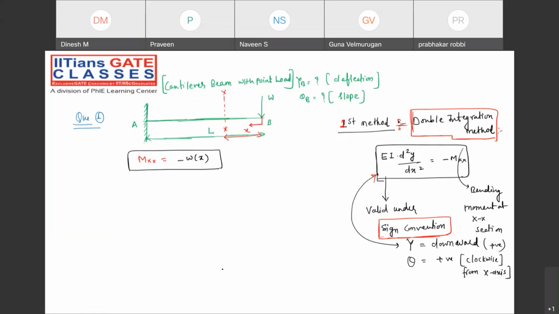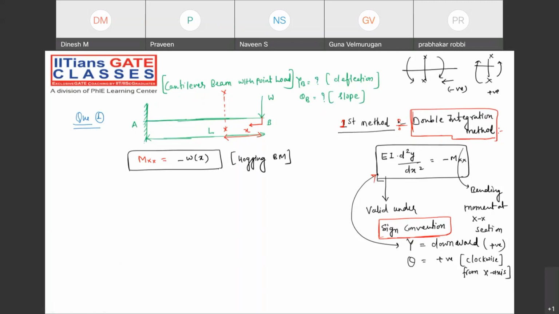Because if you follow this sign convention, you are going to get negative, because it is creating a hogging bending moment. That's why it is negative. I hope you people are understanding. All of you are understanding what I'm saying?